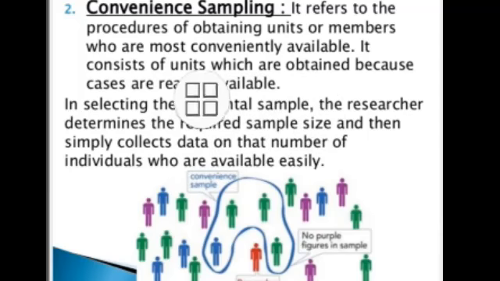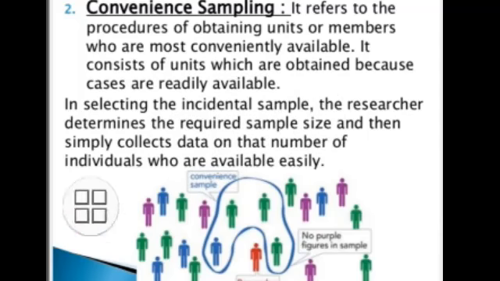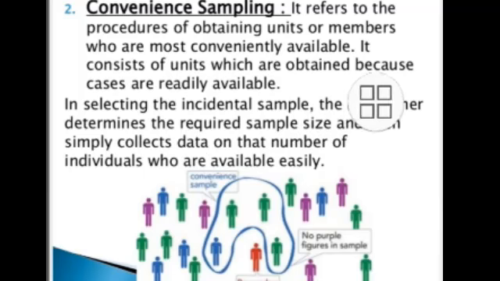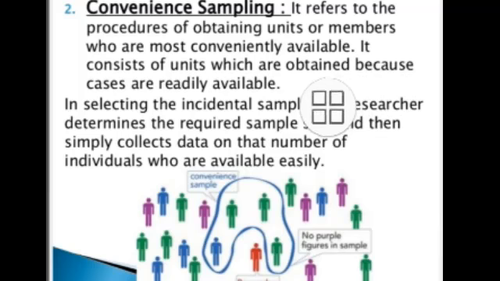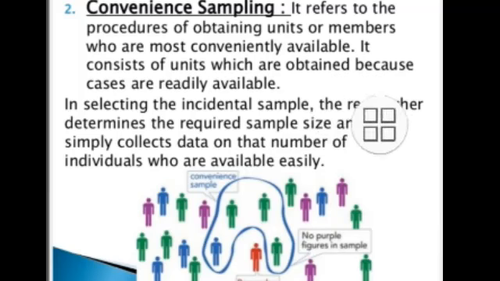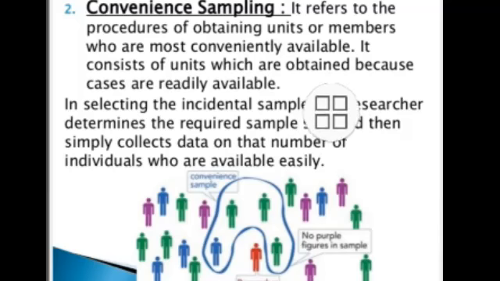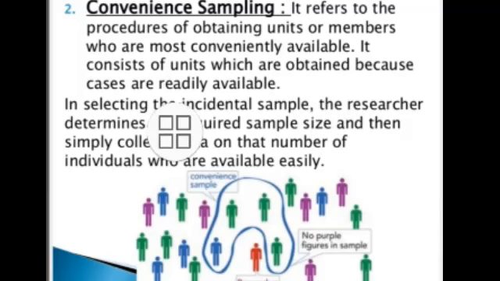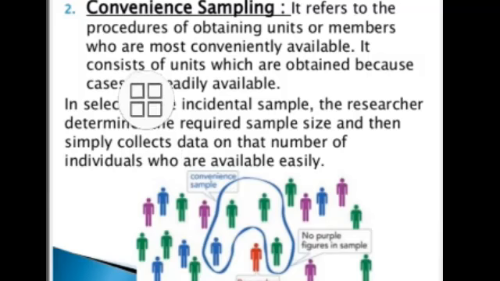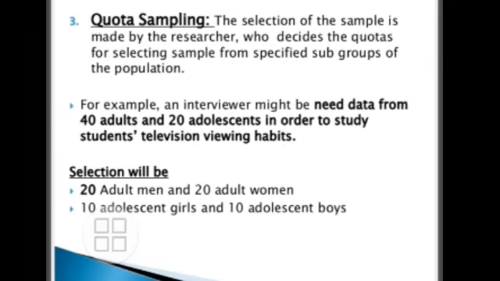So when we conduct research and select the sample, it usually consists of our relatives or friends, because they are available all the time, and whenever we want to conduct research, they can easily provide us the answers. So such a type of selection of sample is called convenience sampling.